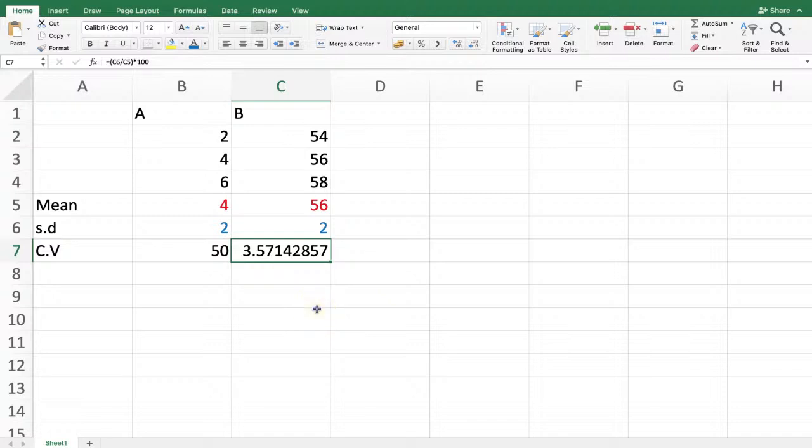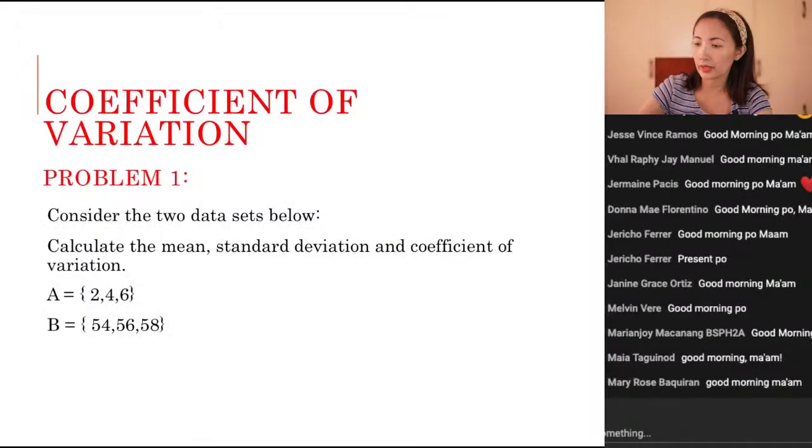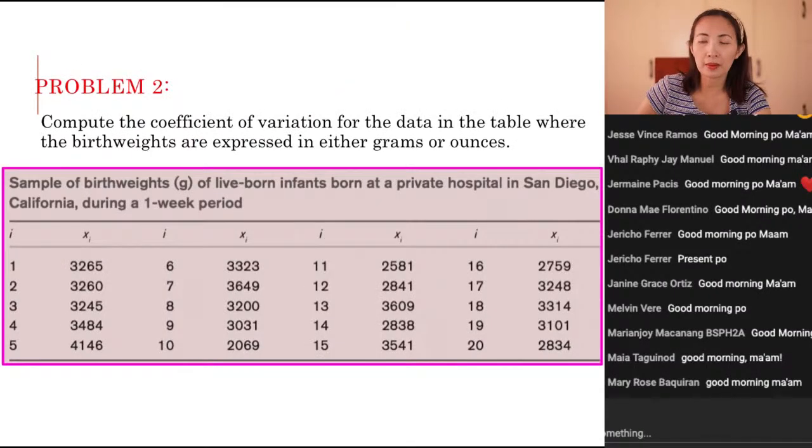So what can you say about the coefficients of variation, which has a higher value, dataset A? Okay, so dataset A has a greater CV than dataset B. Okay, so that's for problem number 1.